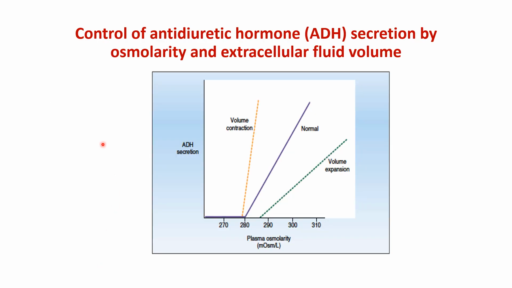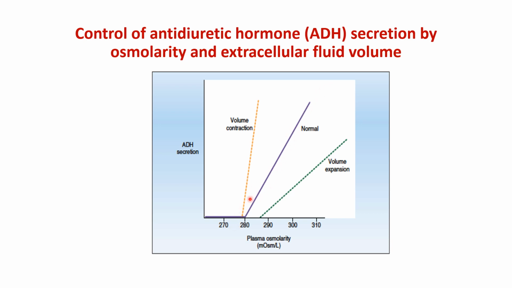Now, this slide basically shows you the effect of ECF volume changes and changes in osmolarity on ADH secretion. Here is the ADH level, and here the plasma osmolarity. Let's just talk about the normal case where we have normal blood volume.